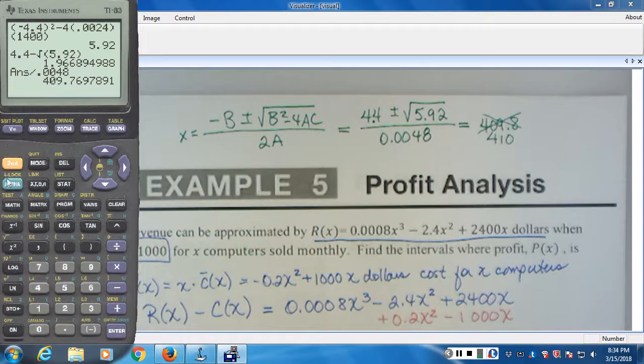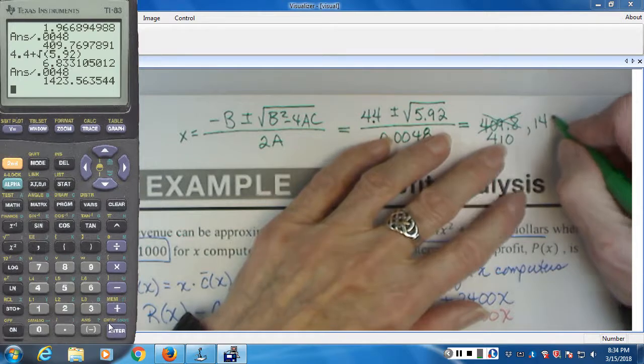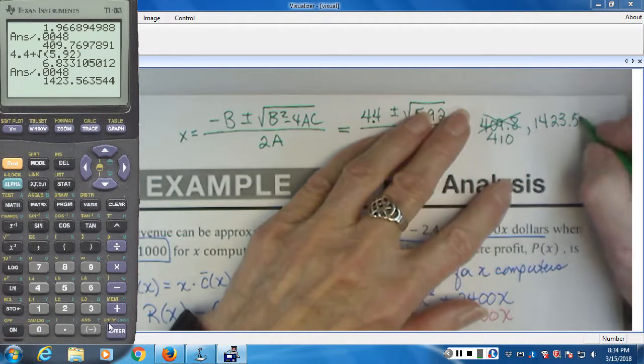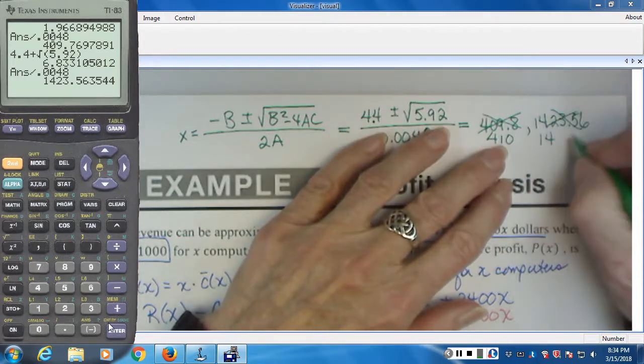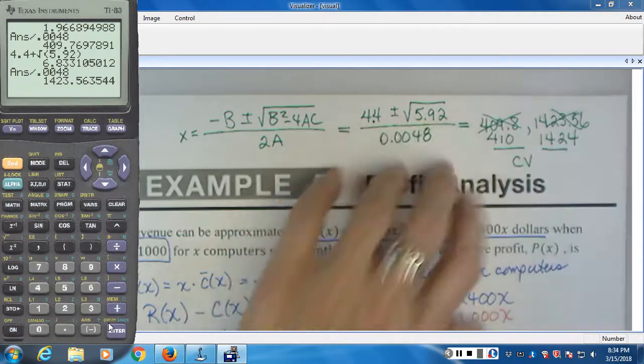And then the other one would be $1,424. So those are your two critical values.